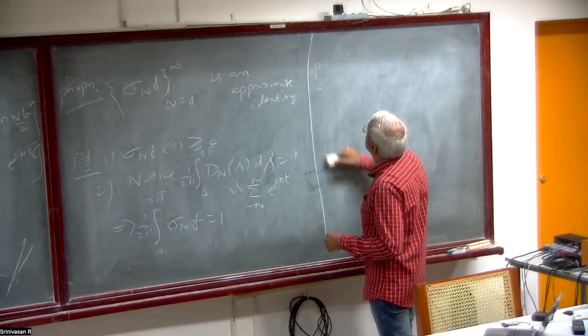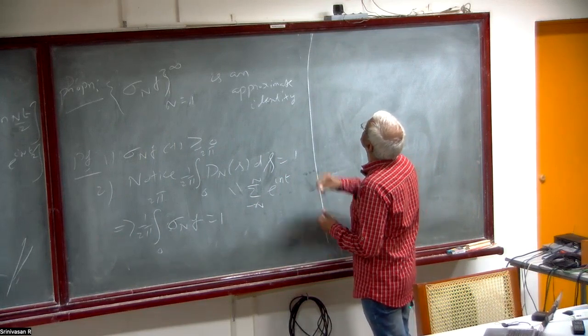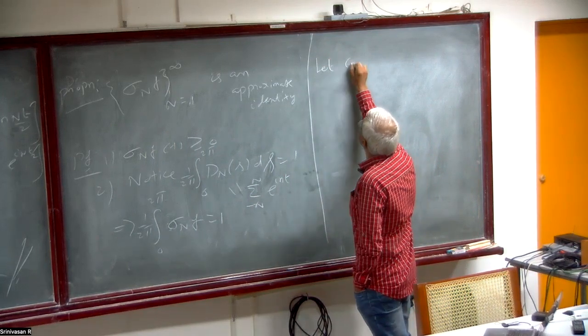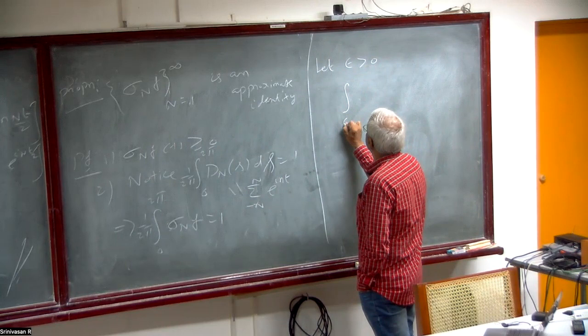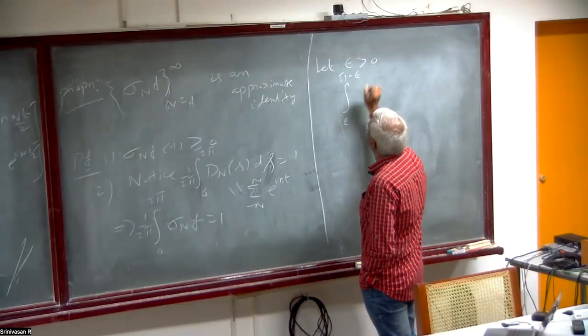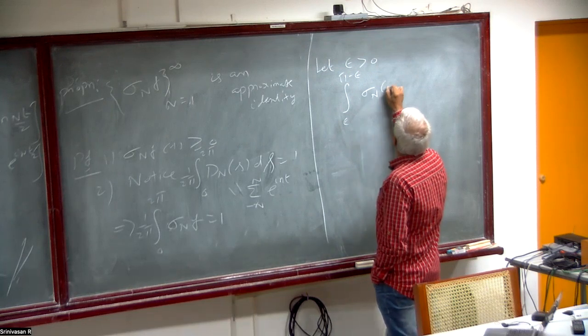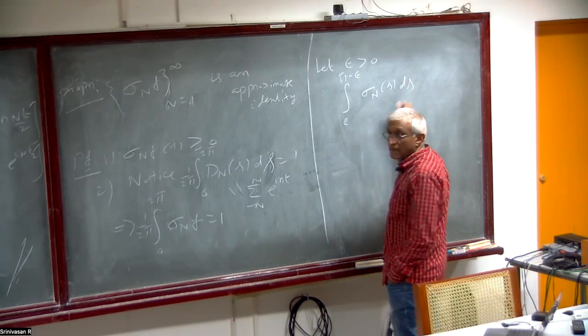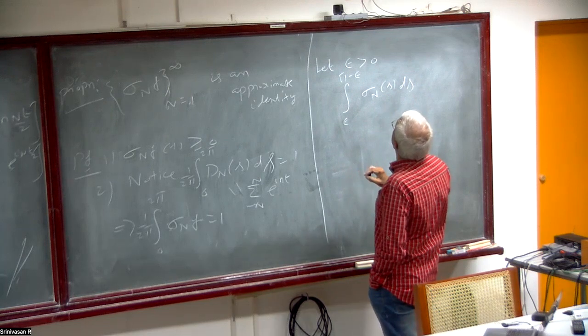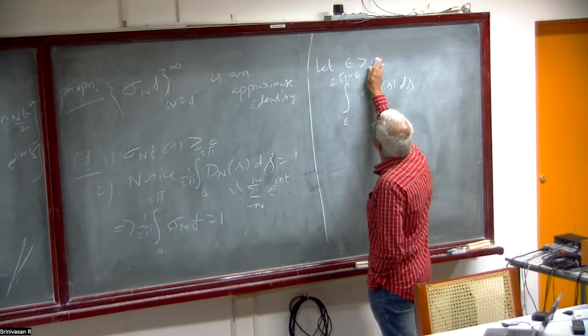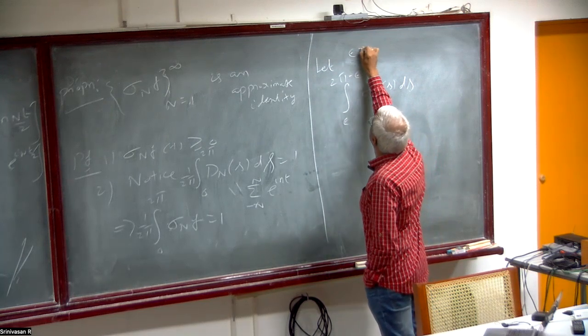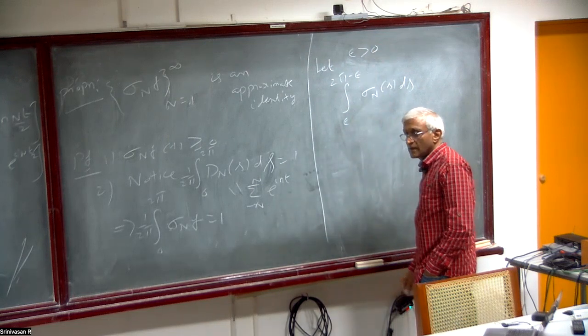So now let epsilon be greater than 0. And you want to consider this integral from epsilon to 2 pi minus epsilon of sigma n. Correct, yes, 2 pi minus epsilon.